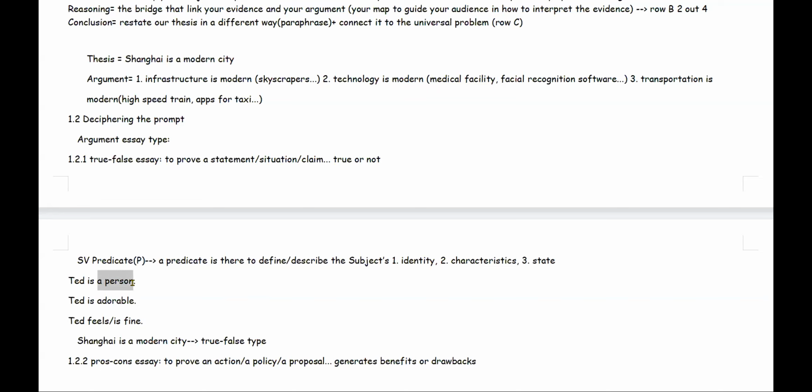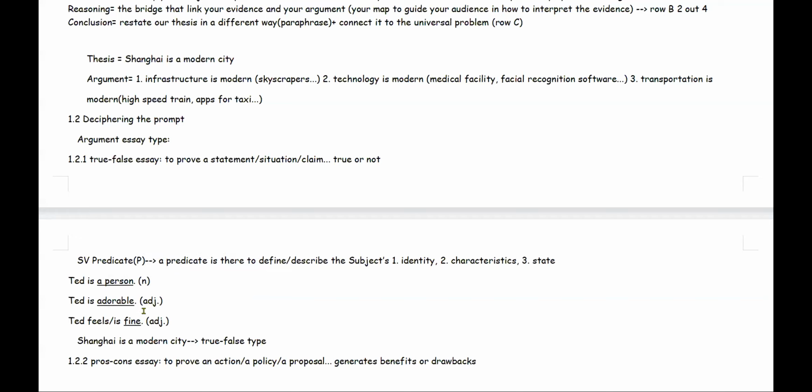Now let's take a look at these predicates: a person, adorable, fine. A person is a noun for sure. Adorable is an adjective, and fine is another adjective.